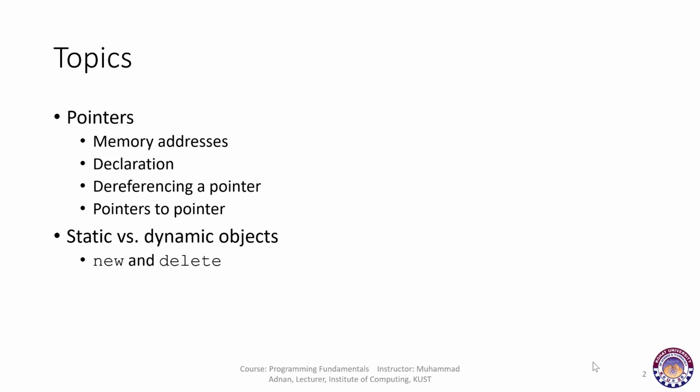So once again, today we are going to study pointers, memory addresses, declaration, dereferencing, and pointers to pointers. But we are also going to discuss how pointers and arrays are similar.